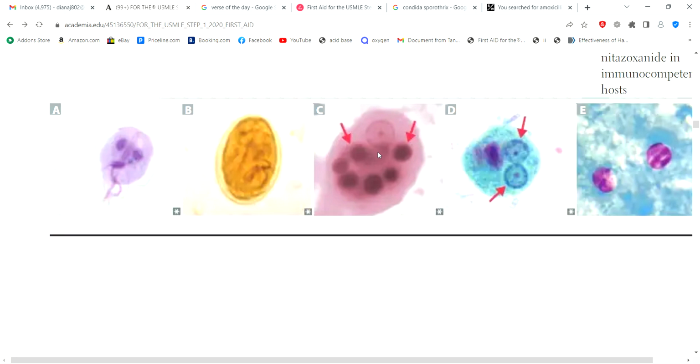All right, now. Serology, antigen testing, and or trophozoites with engulfed RBCs in the cytoplasm, or cysts with up to 4 nuclei in the stool. This is also multinucleated.